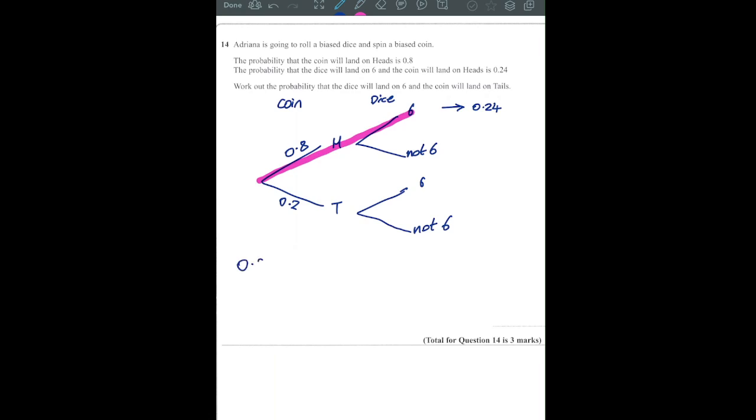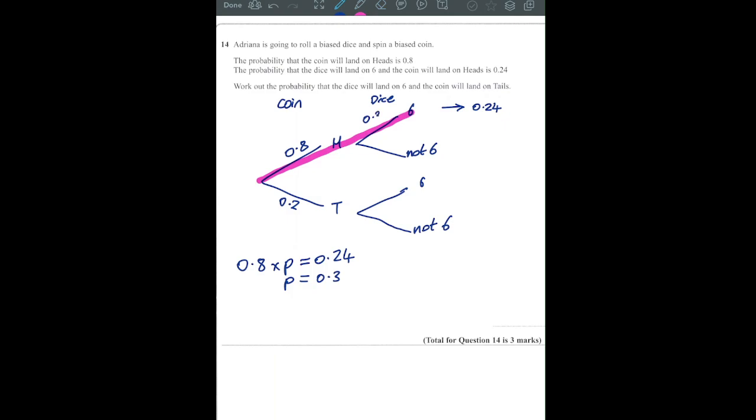So 0.8 times something, which I'll briefly call P, will give me the answer of 0.24. So we actually have to divide in our calculator. If we do 0.24 divided by 0.8, we get an answer of 0.3.